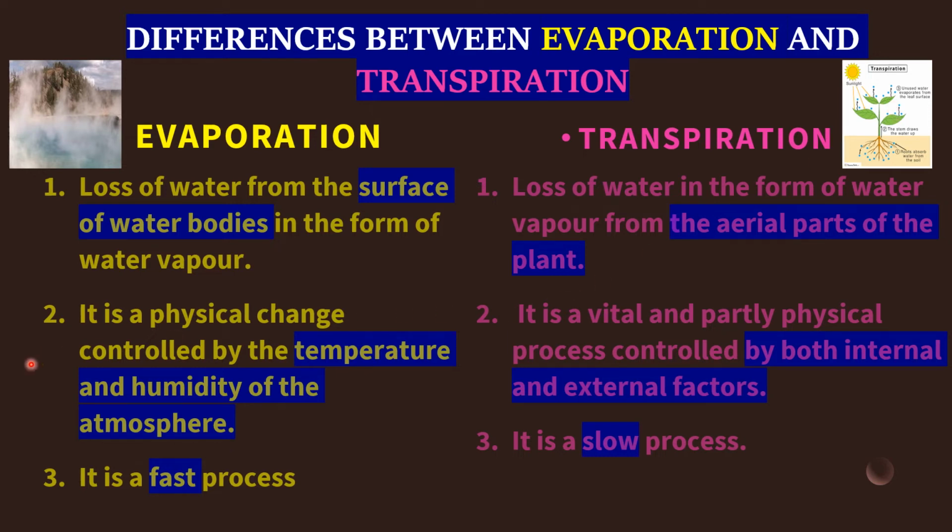Then the second point: evaporation is a physical change controlled by the temperature and humidity of the atmosphere. Then transpiration is a vital and partly physical process controlled by both internal and external factors.